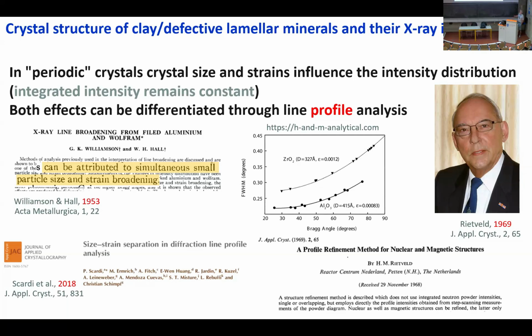So this was done both by Berthaud and by Williamson and others at that time, and this plot is still used. And you can see that even though it was proposed 60 years ago, or even more than that, the automatic refinement of these parameters is still a topic in current literature: how to best determine or best differentiate size and strain contribution to peak broadening.